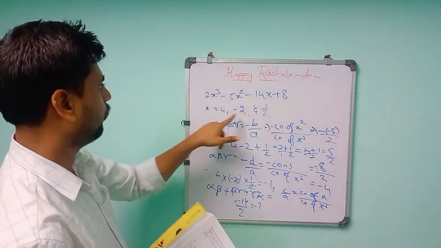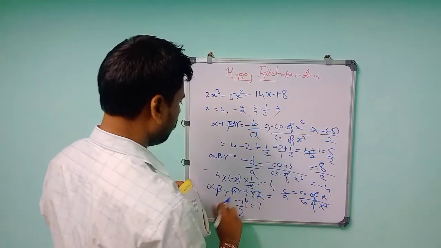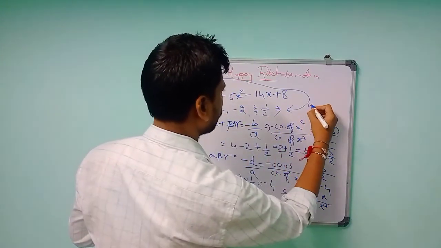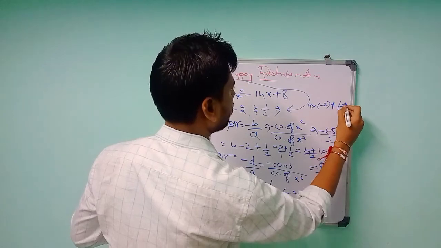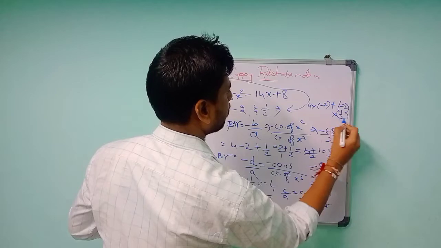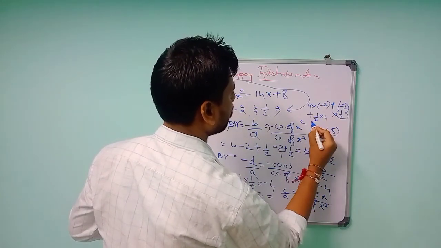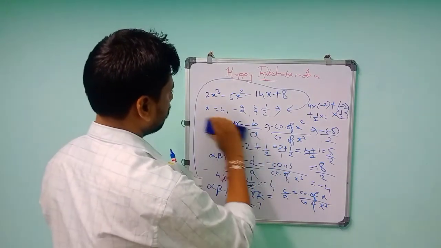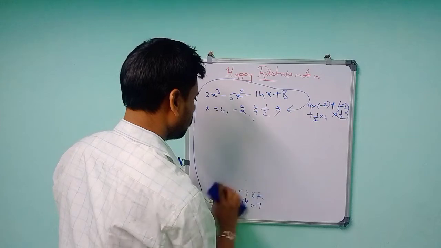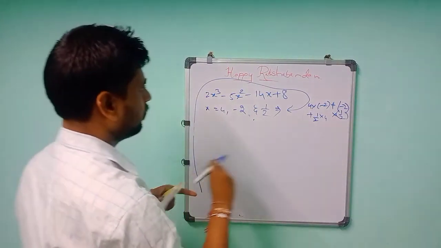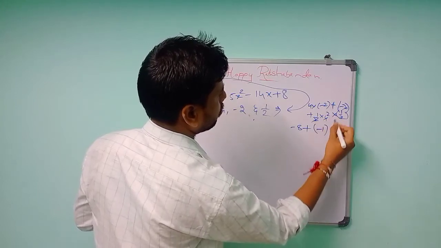If you multiply, 4 into minus 2 is minus 8, plus beta into gamma, 2 into 1, is 2, plus gamma into alpha, minus 2 into 1 by 2, and so on. Checking this: 4 into minus 2 is minus 8, plus minus 2 into 1 by 2 becomes minus 1, then plus 2.